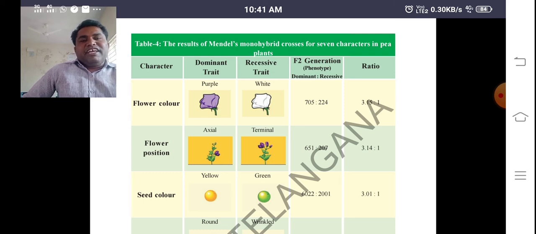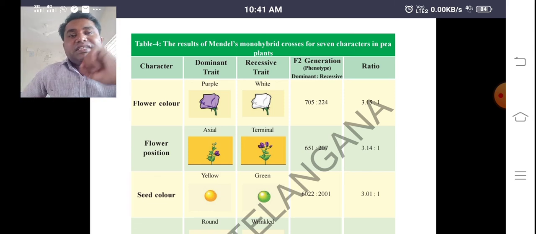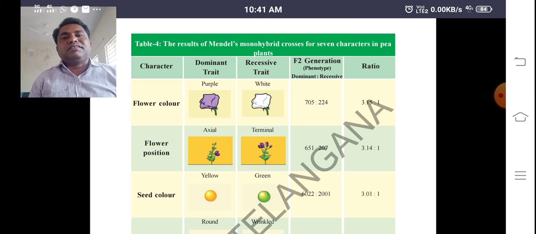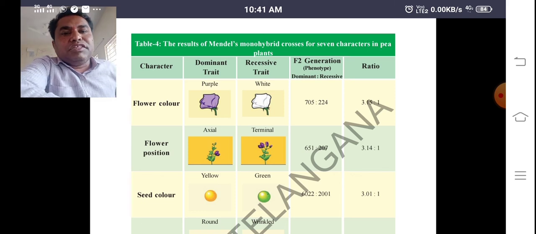Phenotype means expressing of physical characteristics is called phenotype. Expressing of genetical characteristics is called genotype.